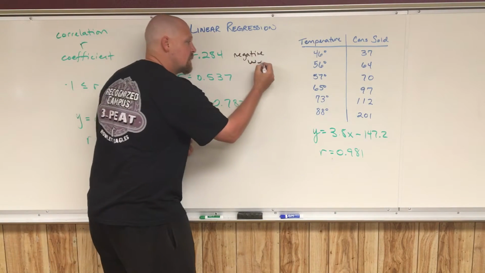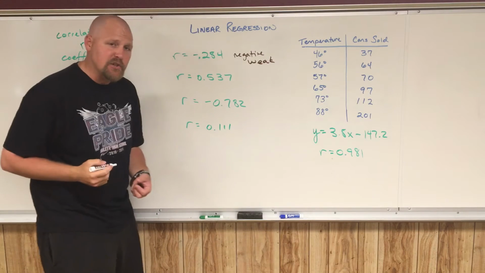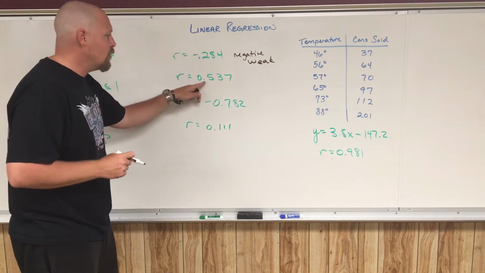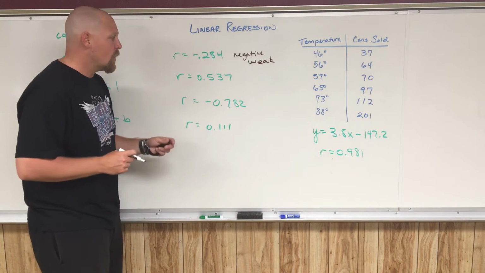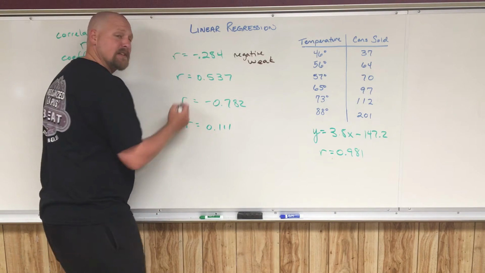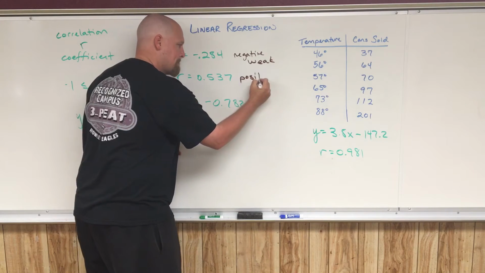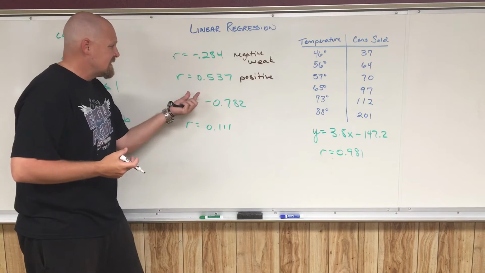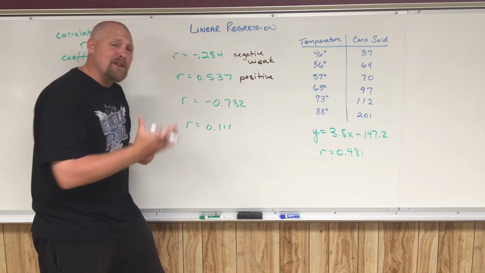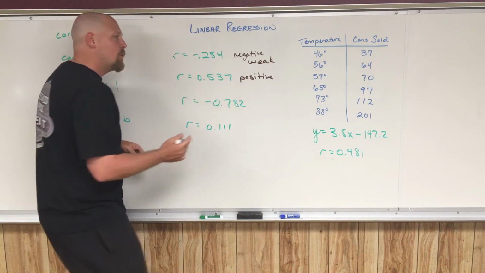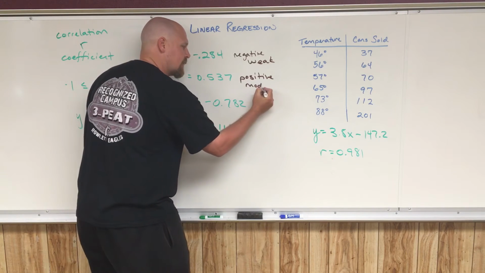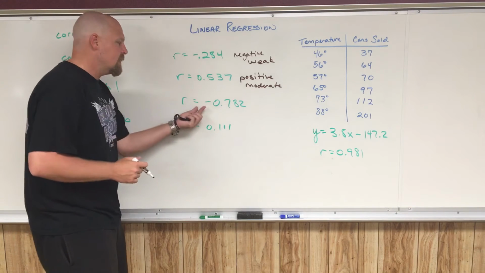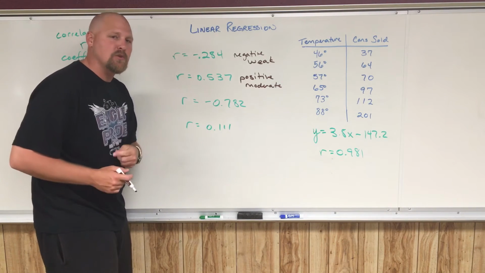This is a weak linear relationship, a weak linear relationship because it's close to 0. 0.537, well, it's positive, so that's good, and it's not real strong because it's about 0.5, halfway between 1 and 0. So we're going to call this moderate strength.